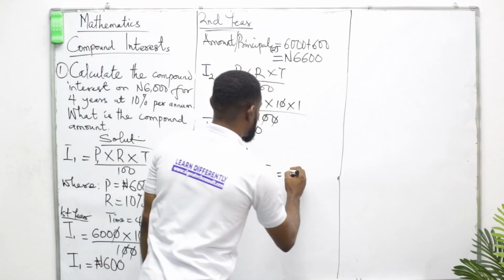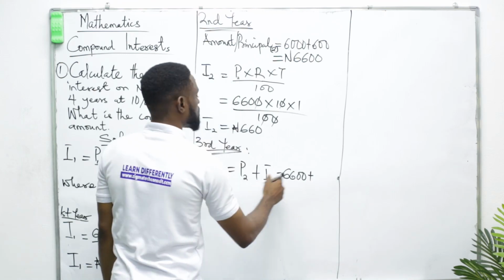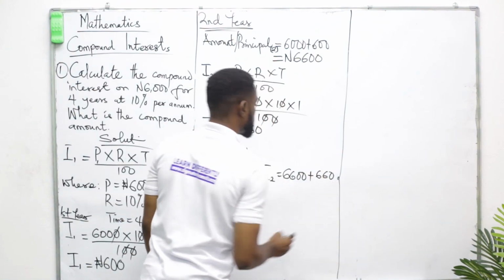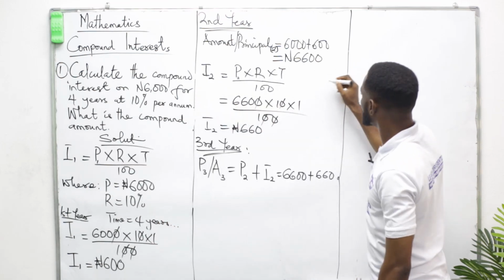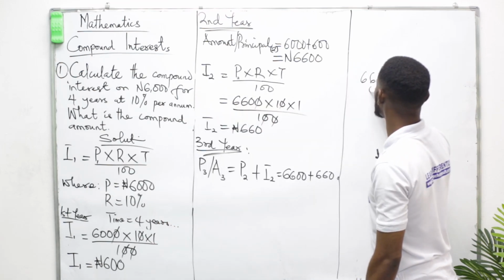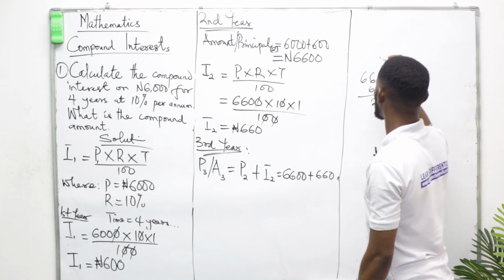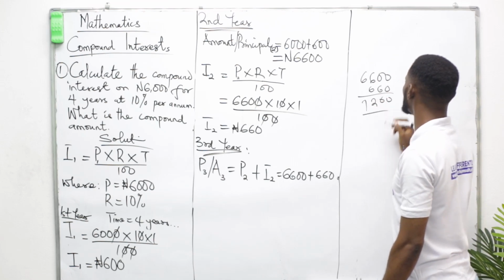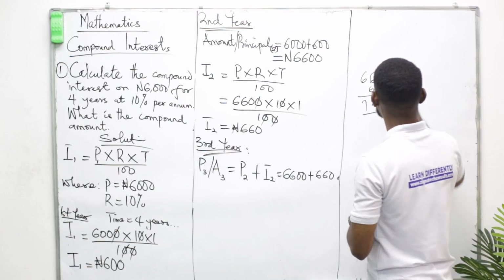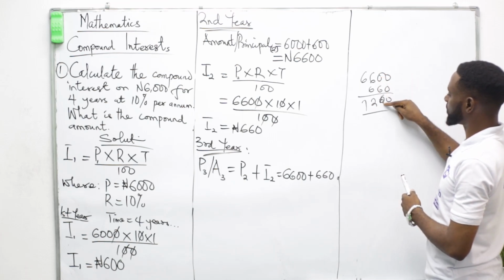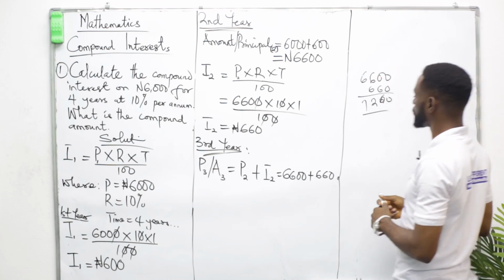So this is equal to 6,600 plus 660. So 6600 plus 660: 0, 6, 6 plus 6 is 12, put 2 and carry 1, so this is 7260.